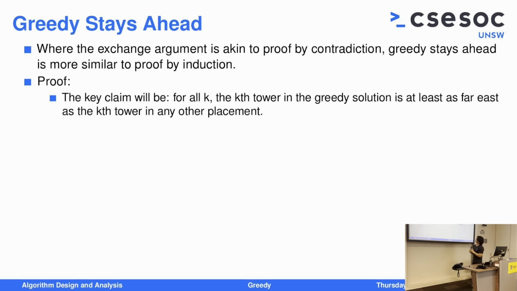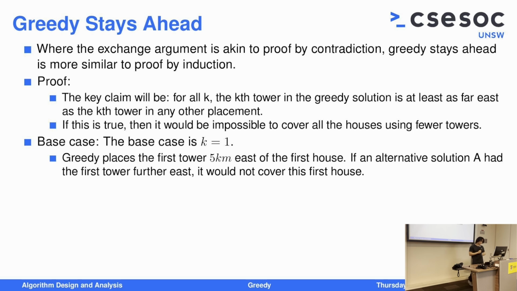Essentially, the kth tower in the greedy placement is always further or equal to the east as the kth tower in any other placement. If this is true, then it would be impossible to cover all houses using fewer towers. Okay?